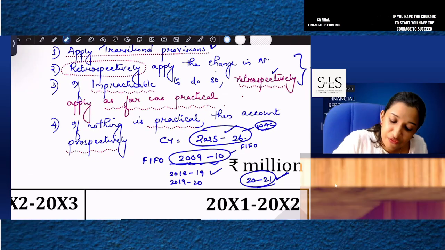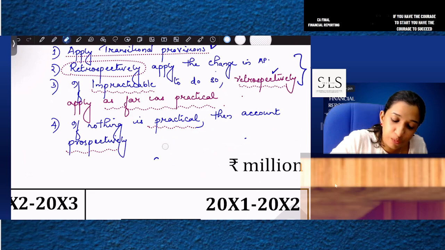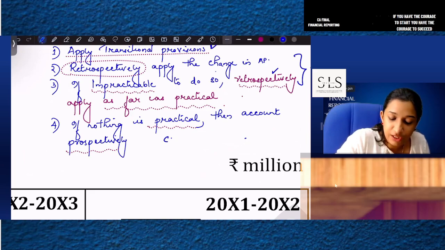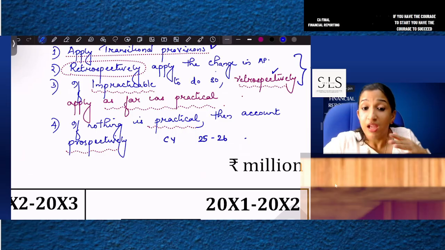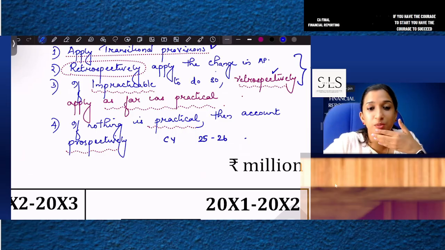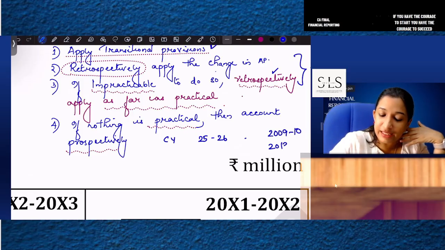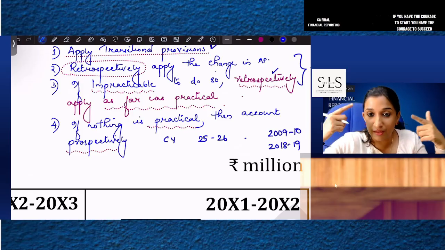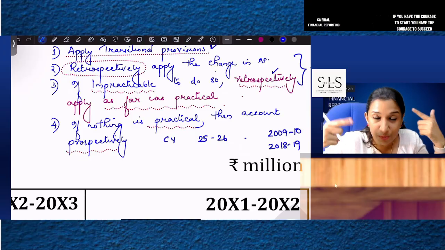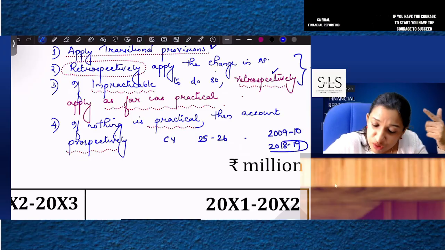Now, if retrospective application is possible, in the current year 25-26 financial year, should I go back to 2009-10 or 2018-19 and do the retrospective application in these books of accounts?